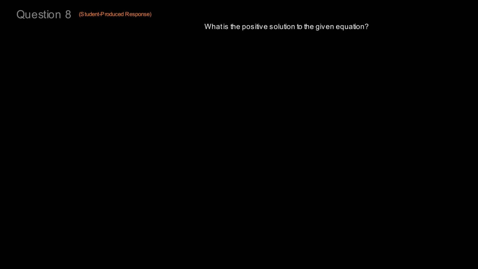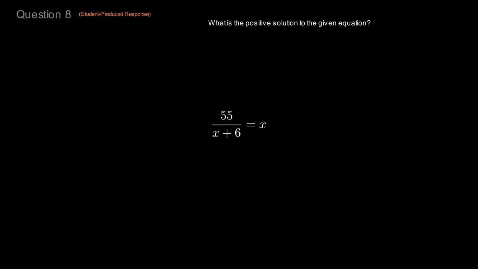This is a student-produced response question. We are given the equation 55 over x plus 6 equals x. We need to find its positive solution. Watch closely. To eliminate the fraction, we take the denominator x plus 6 and multiply it by the right side. This transforms our equation into 55 equals x times x plus 6.